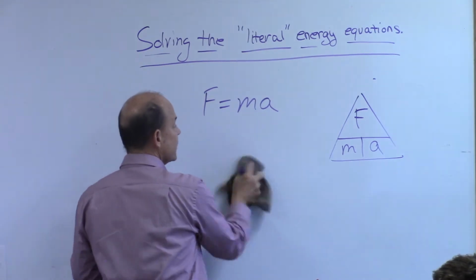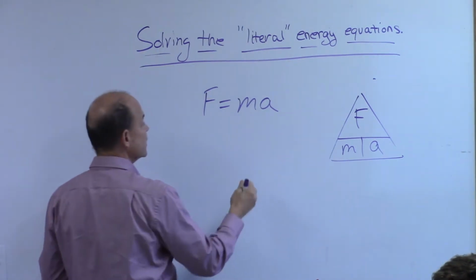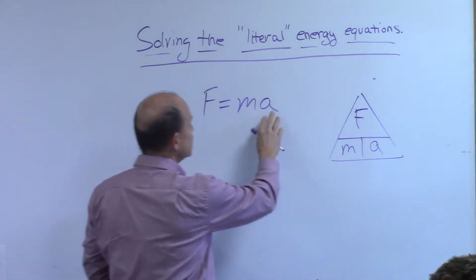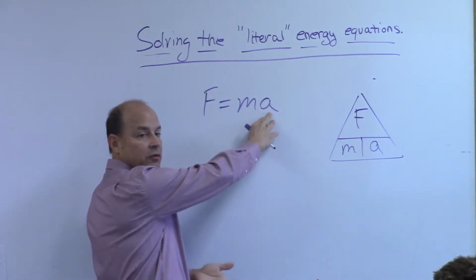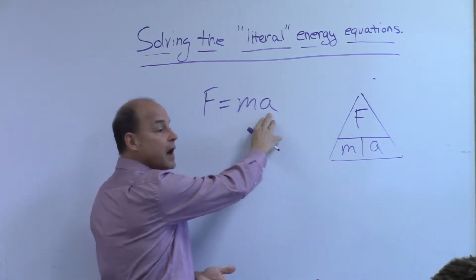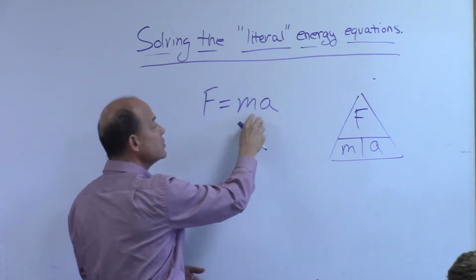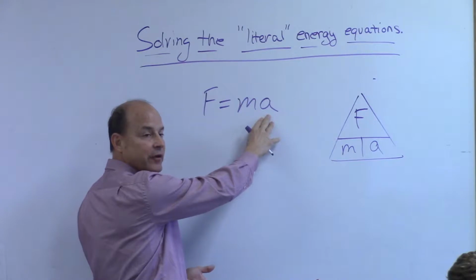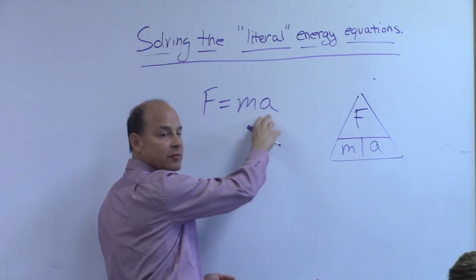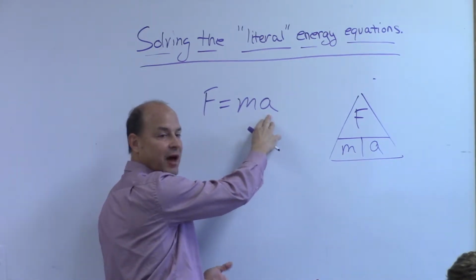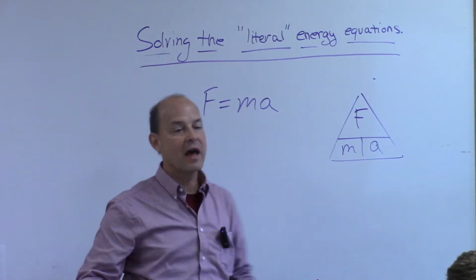So for example, the algebra that we actually use to get those two, if we wanted to solve for a, what do you do? You divide by m. You're trying to get a all by itself, and so in order to undo the multiplication of m, you have to divide by m. You guys say you don't know how to do it.